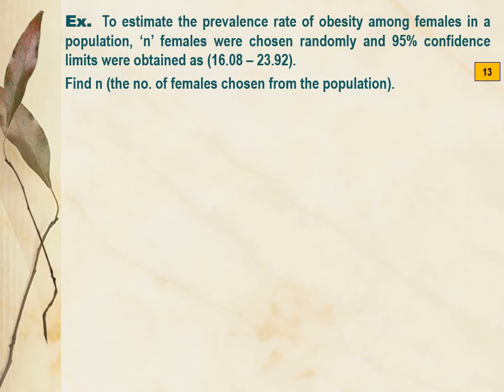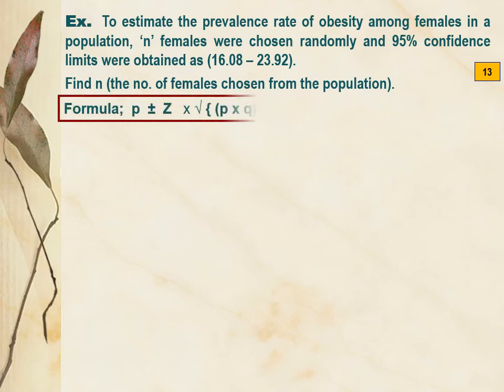And 95% confidence limits were obtained as 16.08 to 23.93. First is the lower limit and the second is the upper limit. You are supposed to calculate n, meaning how many females were selected to find the prevalence of obesity in the sample. Formula, you know this.